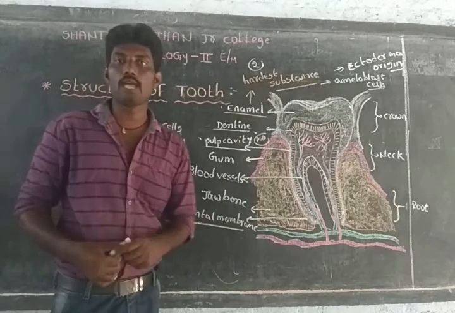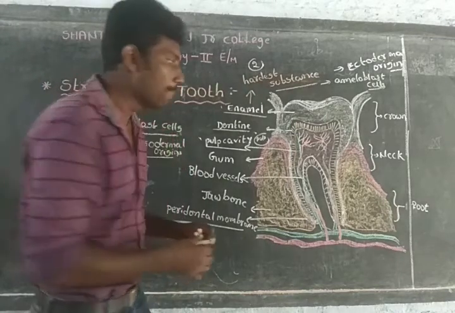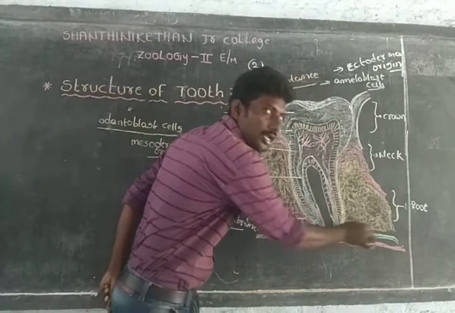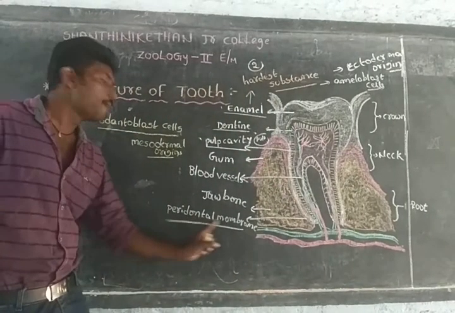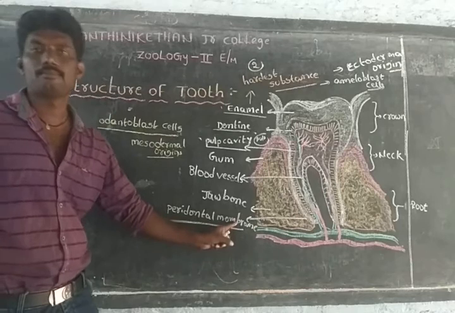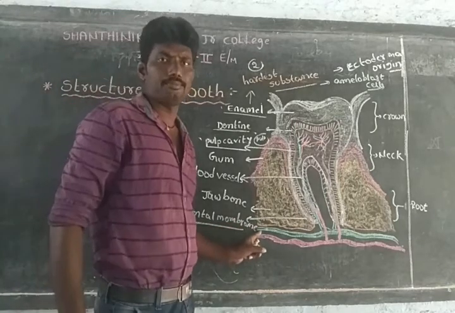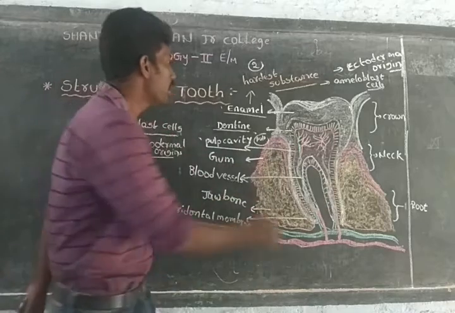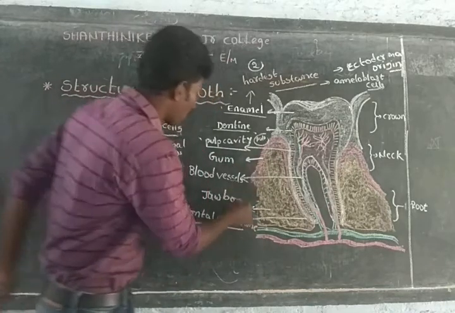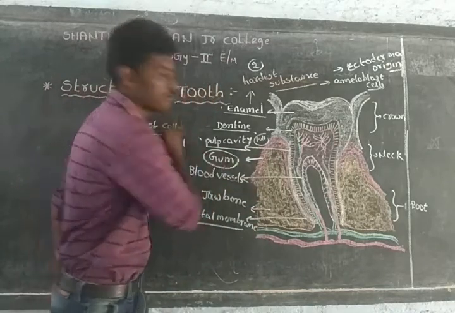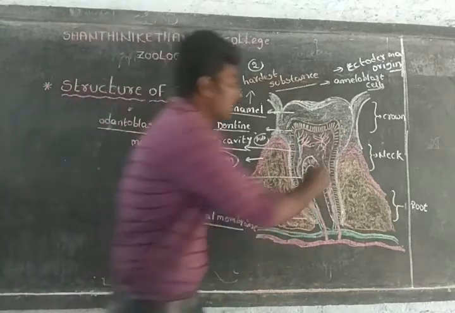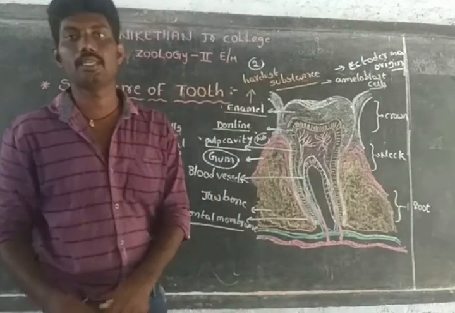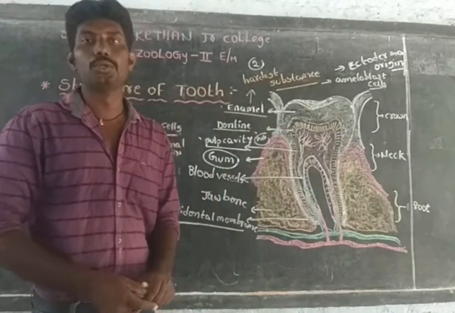The periodontal membrane. Now the root is covered by the gum. This is the structure of the tooth.